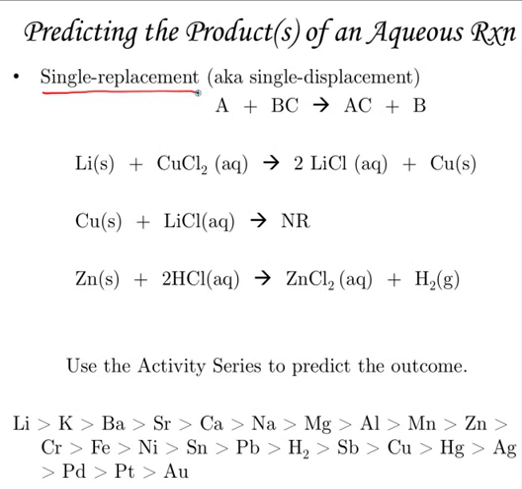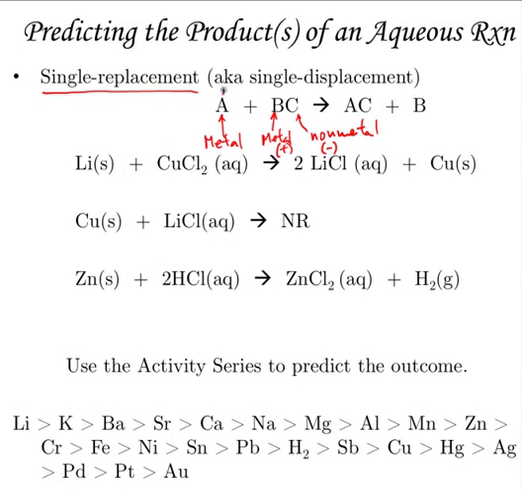A single replacement reaction is always going to have the following general format. A, and this is usually going to be a metal, plus BC. Remember, this is going to be the metal, this is going to be the non-metal usually, or the cation and the anion. Goes on to form AC plus B.